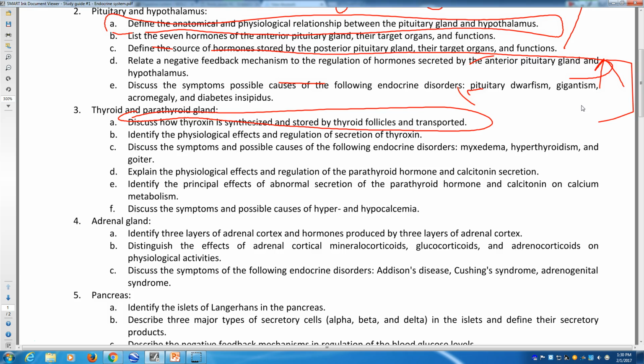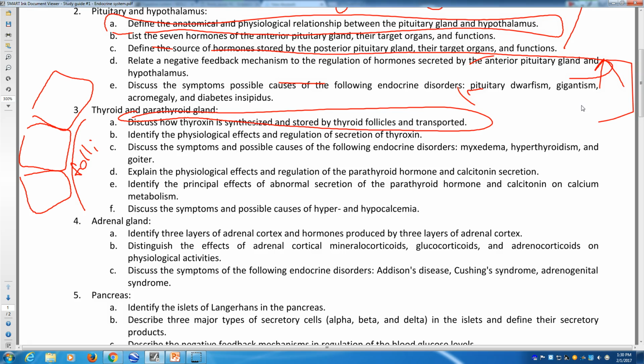Thyroglobulin goes back into the follicular cell. Lysosome is in the cell, you have to remember that. Lysosome is an intracellular structure, right? So it's got to be in the cell.